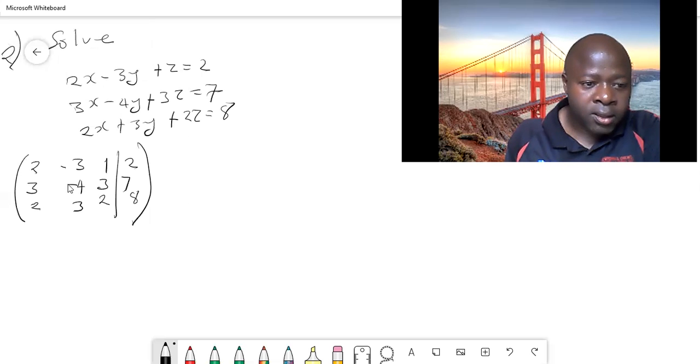We are looking at this main diagonal, and we are using the elements along this diagonal to clear those below it. I use this element to make this one 0, and this element to make that one 0. If we had any below it, we would have made them 0 using this element.